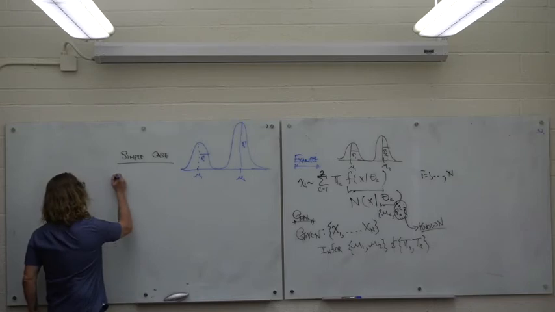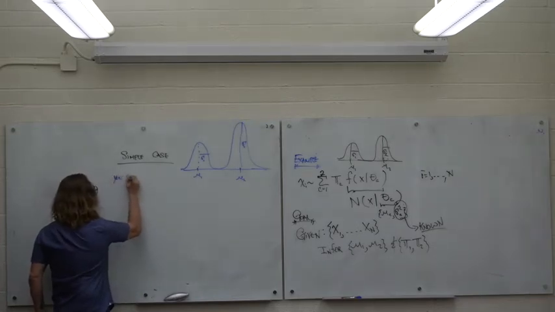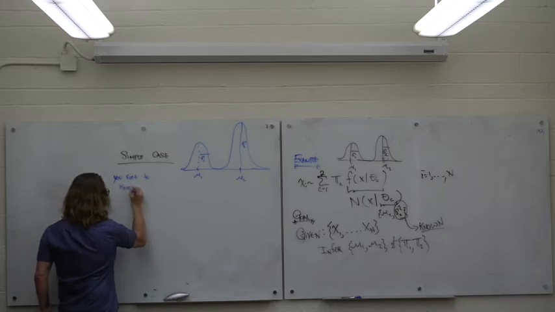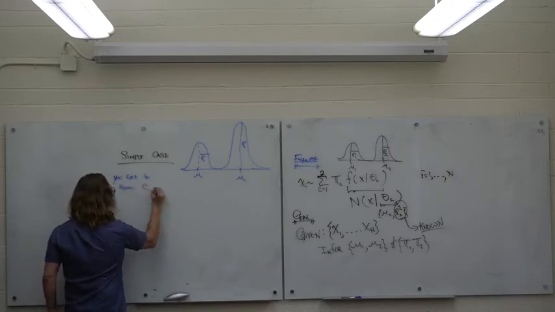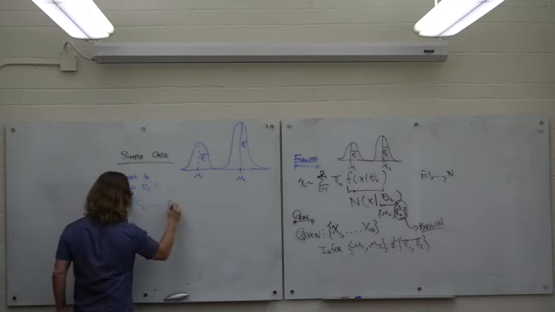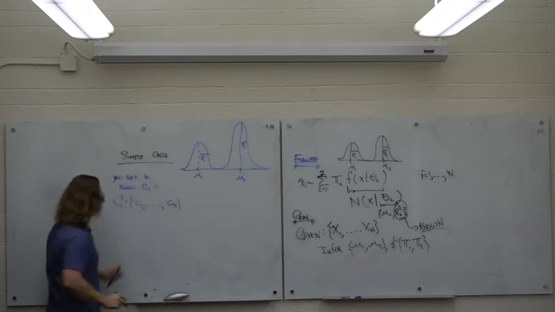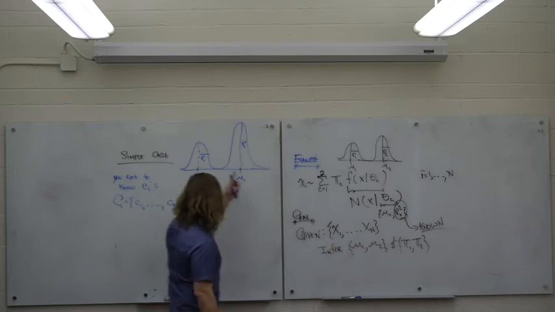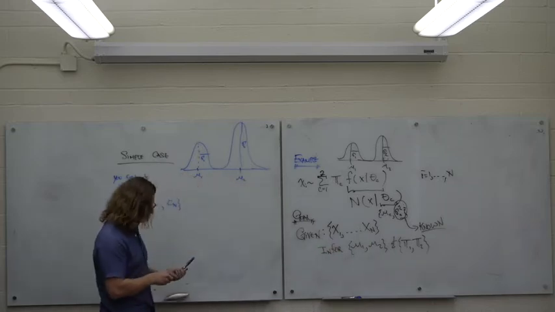Simple case. You get to know CIs. So you get to know all of these. C1 to Cn. So these are paired with the observations along this axis. So the x's live here.